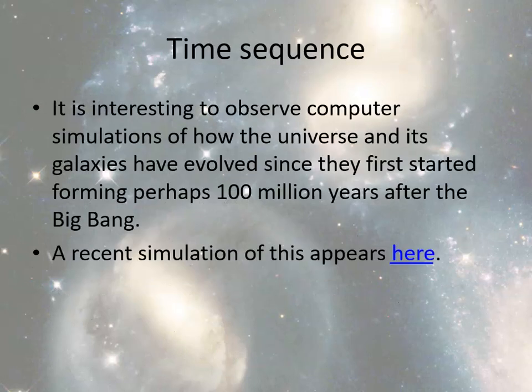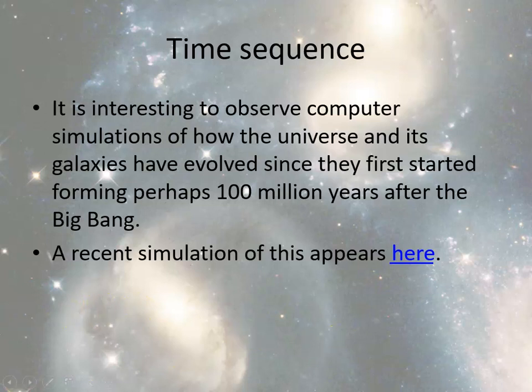So with that in mind, I'm going to show you a video that shows a good bit of the cosmic web, and how our universe has probably appeared ever since really soon after the Big Bang, starting from, say, about 100 million years after the Big Bang up until the present day.